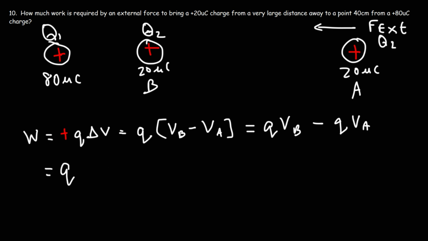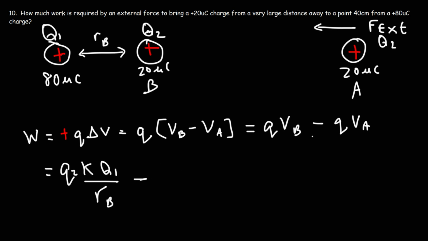What's VB? VB is the electric potential created by Q1 at point B. The electric potential created by a point charge is K Q over R. So let's call this Q1, and this is going to be Q2. Now this R is going to be the R at point B. So that's the distance between Q1 and Q2 when Q2 is at point B. So this is going to be RB.